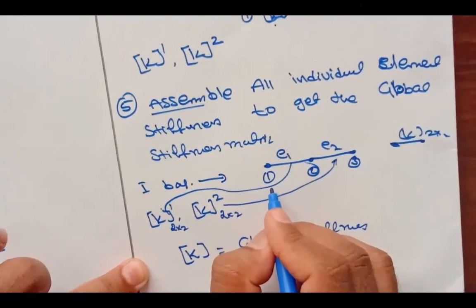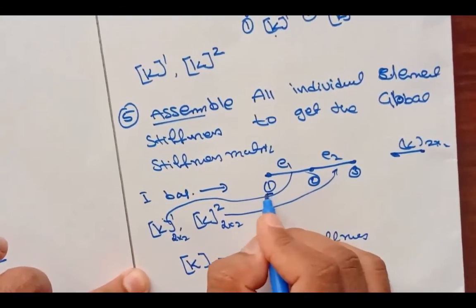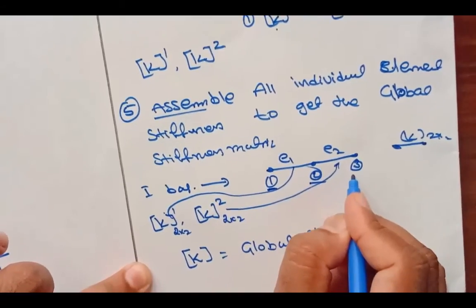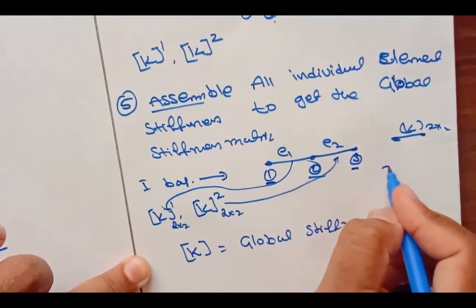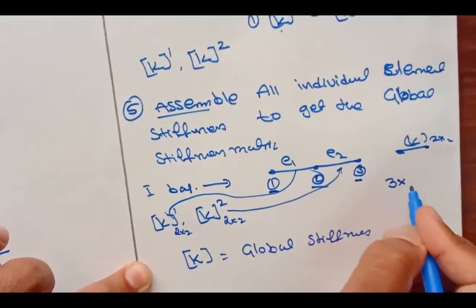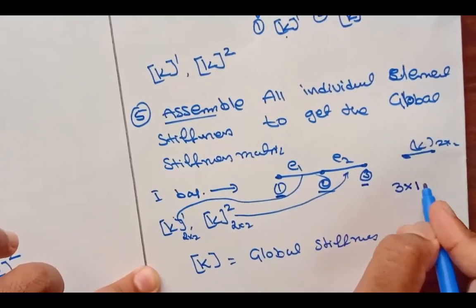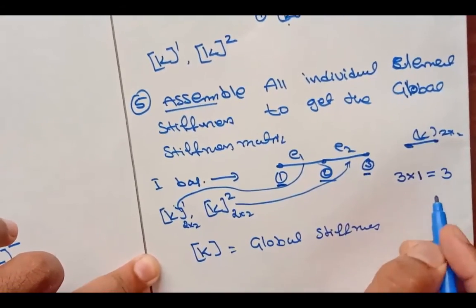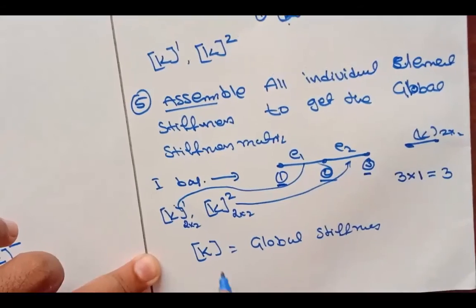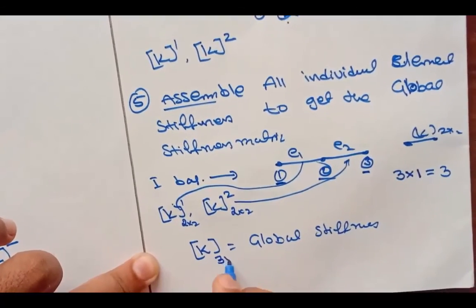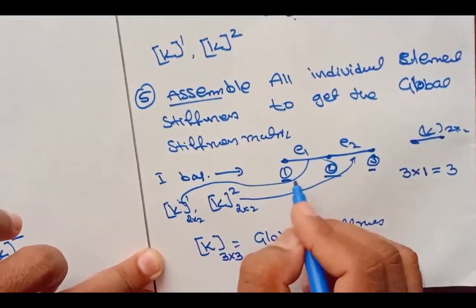Here in this problem there are three nodal numbers: nodal number 1, 2 and 3, and each nodal number has only 1 degree of freedom. Therefore you get 3 into 1, that is 3. So the global stiffness matrix range would be 3 by 3 for this case.